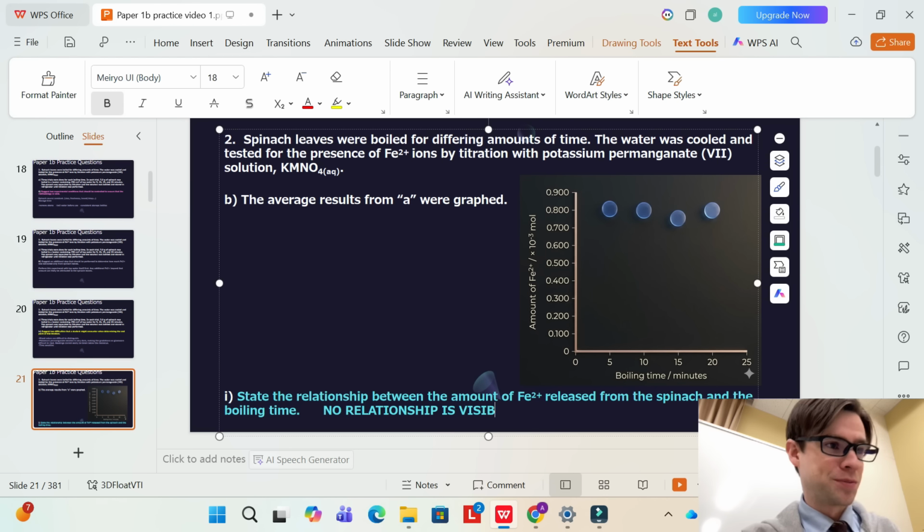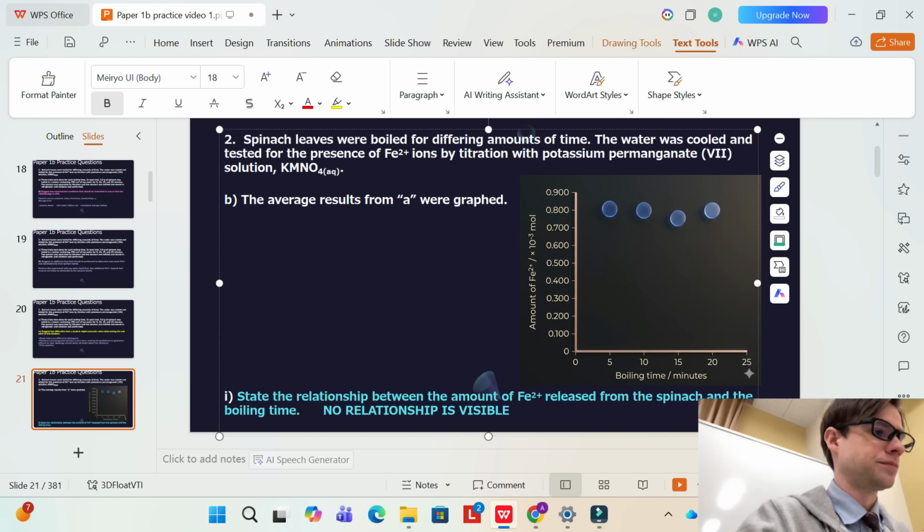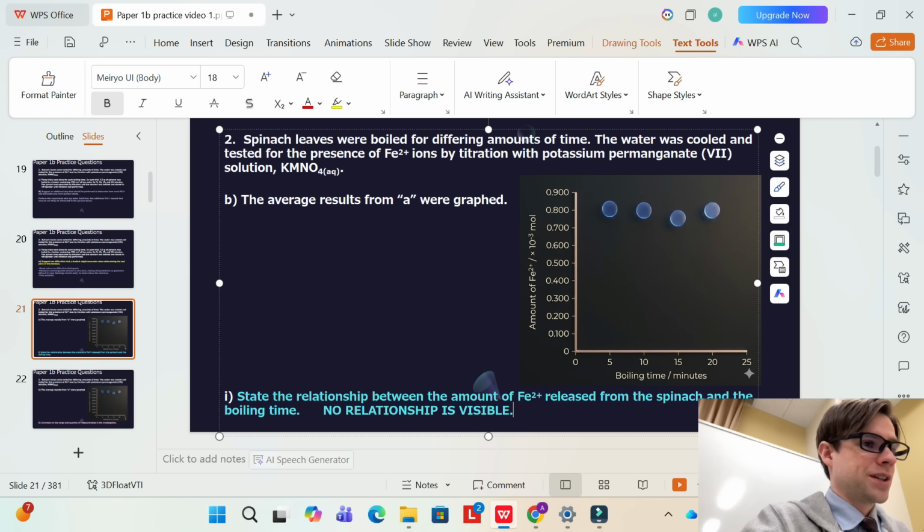Don't write in all caps, but I'm just trying to emphasize it here. You can't get any meaningful correlation, proportionality, whatever from this graph. You got 3 points that are basically horizontal, showing no change, and perhaps 1 outlier. So this experiment is kind of a fail. Person would have to go back and redesign this to get any meaningful results.